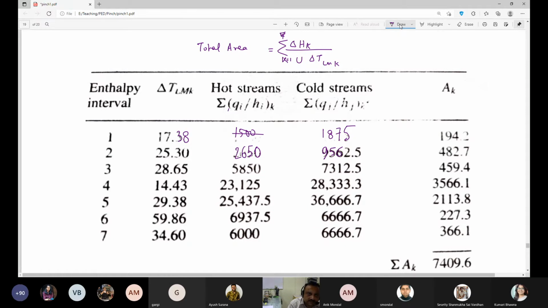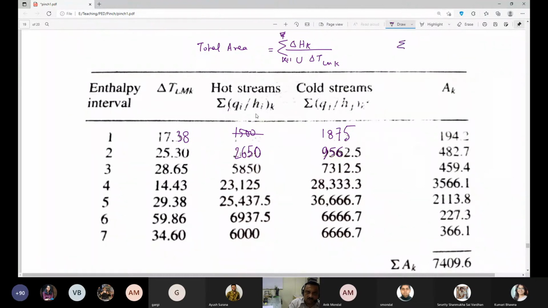Now when U is constant, you can take this U outside, but when U is not the same for all streams, where here I have film h values given, in that case we take all the hot streams that are available there, take the corresponding delta H divided by the corresponding h value, and take the sum of these.